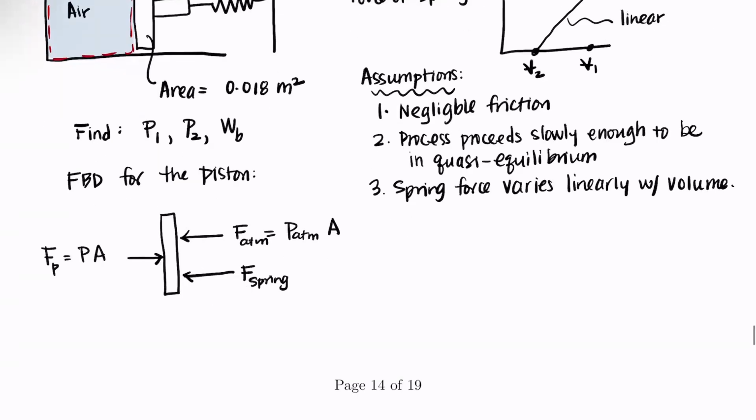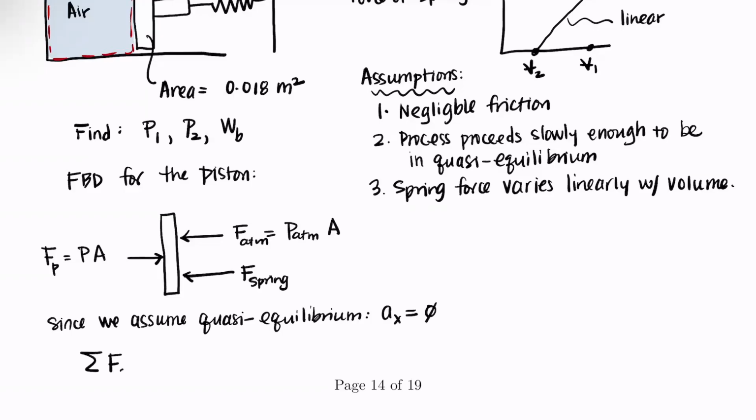So since we assume quasi-equilibrium, that means that our acceleration is 0, or we're assuming it to be 0 anyways. So our sum of the forces in the X direction is going to be equal to 0. I like writing this a little differently.